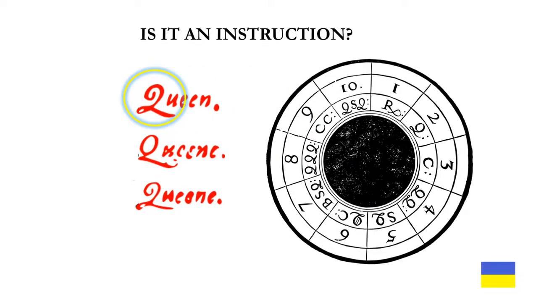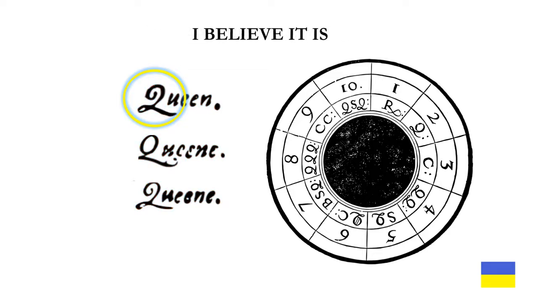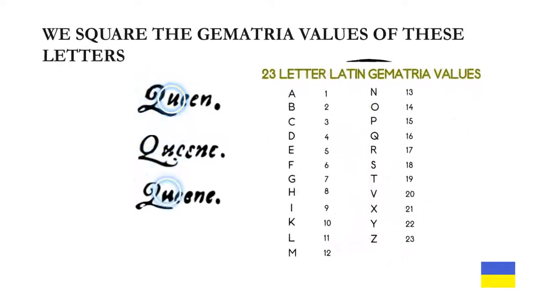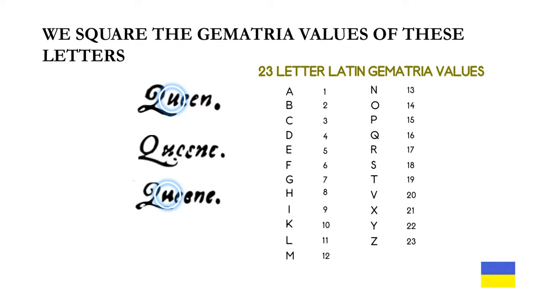So I asked myself, is it an instruction to do something? I believe it is. I believe we square the gematria values of these letters, the lowercase u's, which are right next to this fancy Q. It's like we're writing a squared number in reverse.